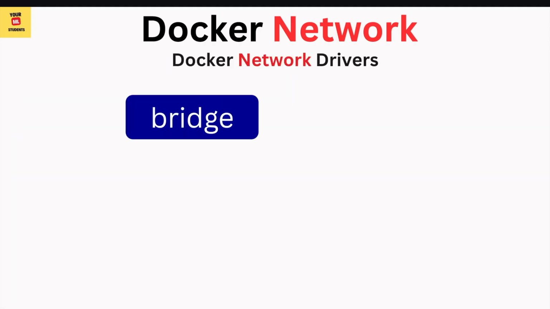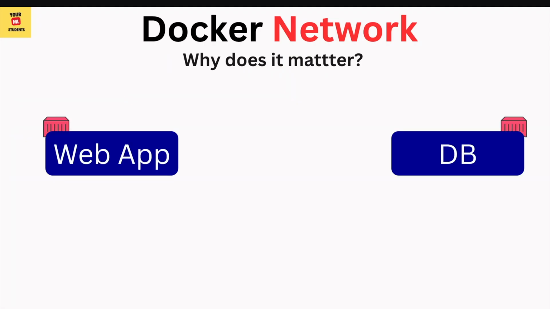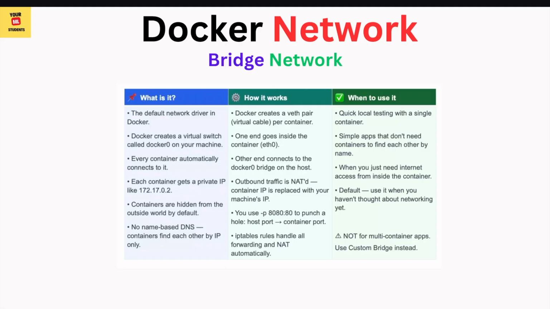Okay, great. Now if I come back again to the same example, every container automatically connects to it. Each container gets a private IP like this. Containers are hidden from the outside world by default. So bridge network is the default driver in Docker.